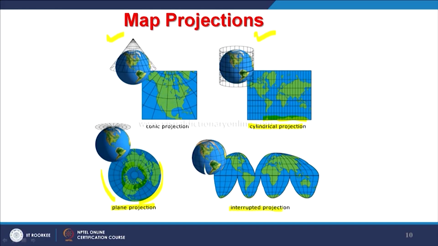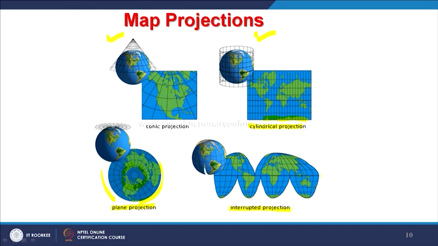And these are interrupted projections or polyconic kind of projections, where you handle it like peeling an orange, and this is what you can see here. So, when you peel off an orange very carefully using these designs or lines, then when you open it, it might look something like this.